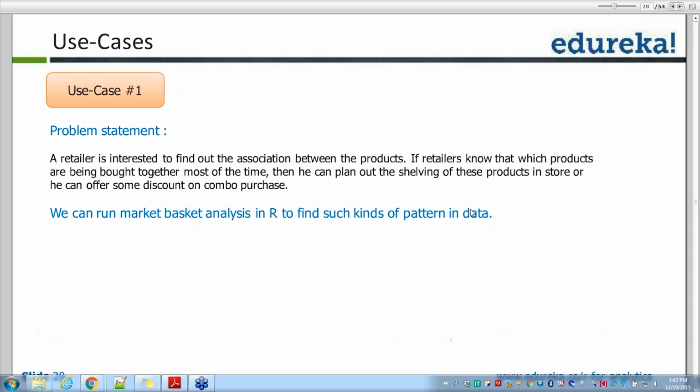This recommendation of other products is fed by a recommender engine, which at its heart has a market basket analysis driven by an association rule based algorithm, which supports such information being presented to the user. We shall do a quick short project on association rule mining later in this program. So this is one use case where you can use R.